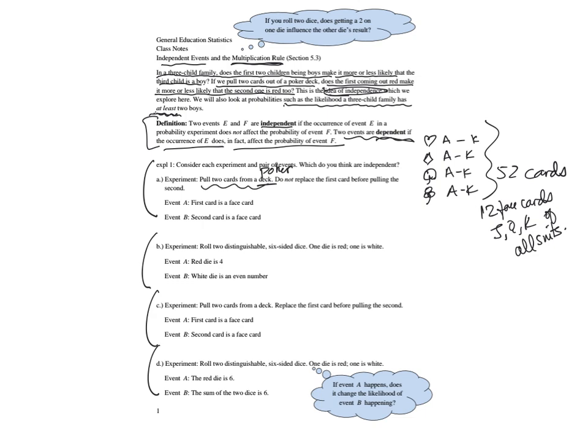Let's pull 2 cards out of a deck. Do not replace the first card before pulling the second. So if you know event A has happened, if you know the first card is a face card, does it make event B more or less likely?